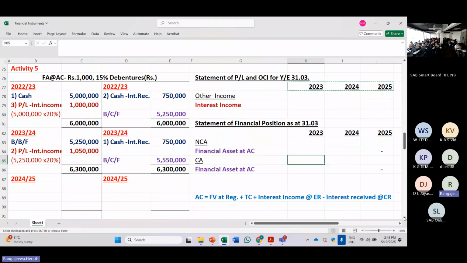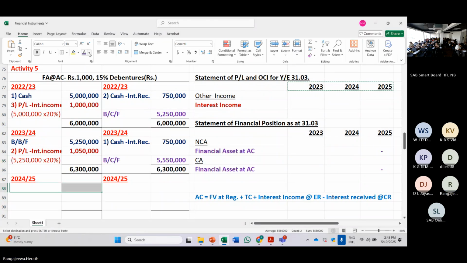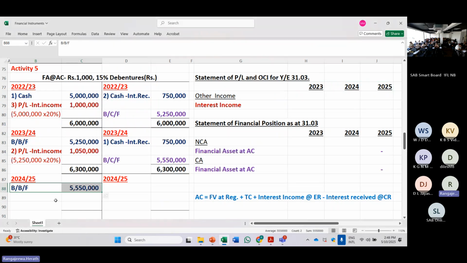Now we can move to year 3. The opening balance, brought forward from year 2, is 5,550,000.